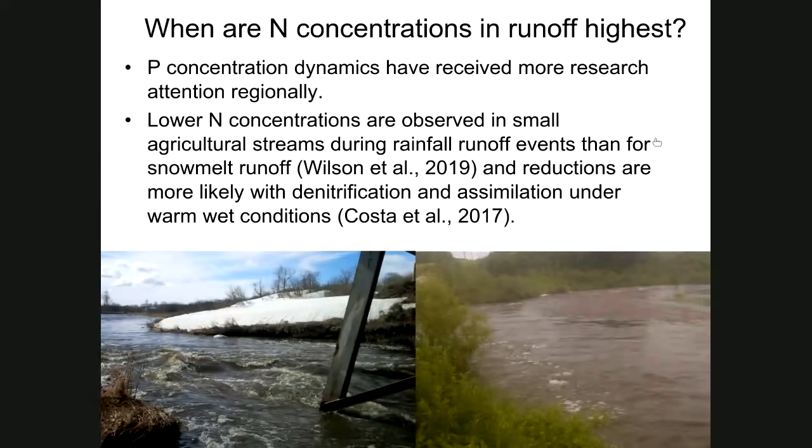And often these are lower during those rainfall events than for snowmelt events in these primarily surface drained watersheds. And this makes some sense if we think about reductions being more likely in the summer with denitrification and assimilation under warmer, wetter conditions, both en route to the stream and in the field.